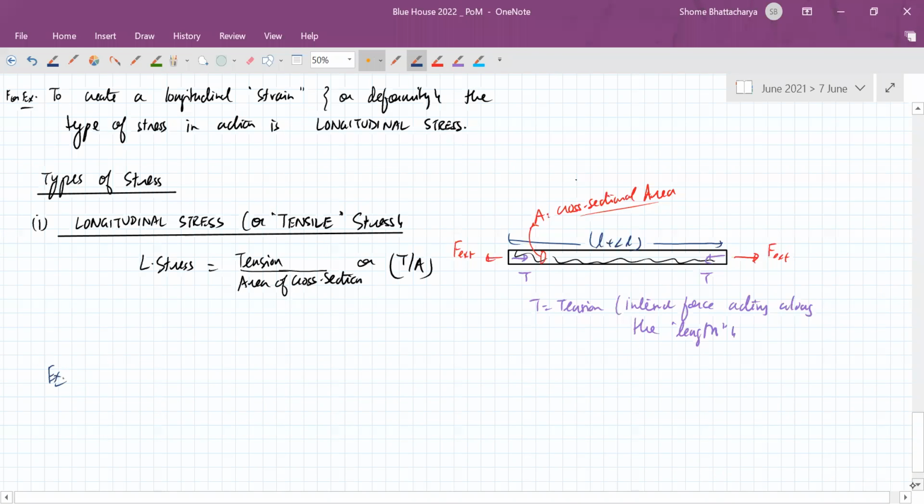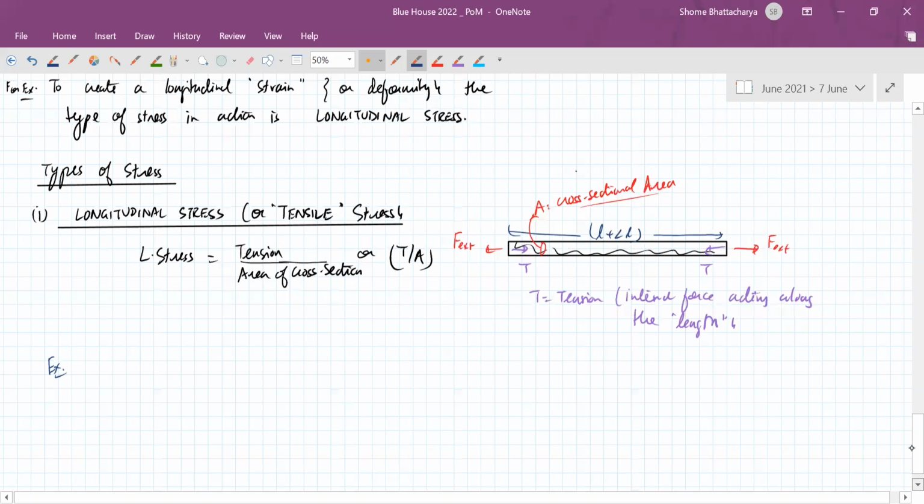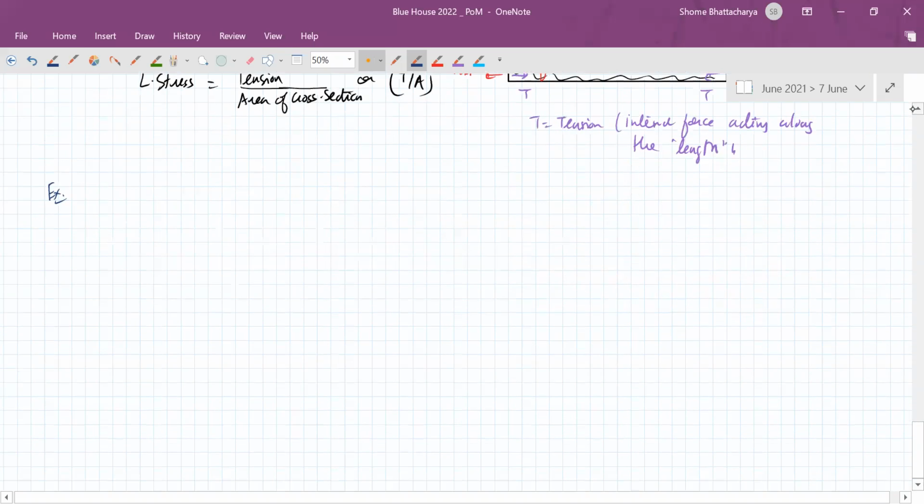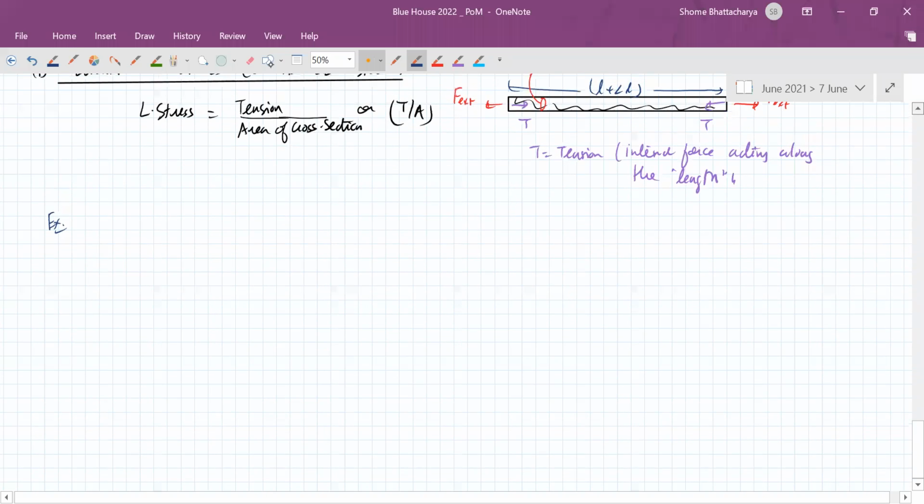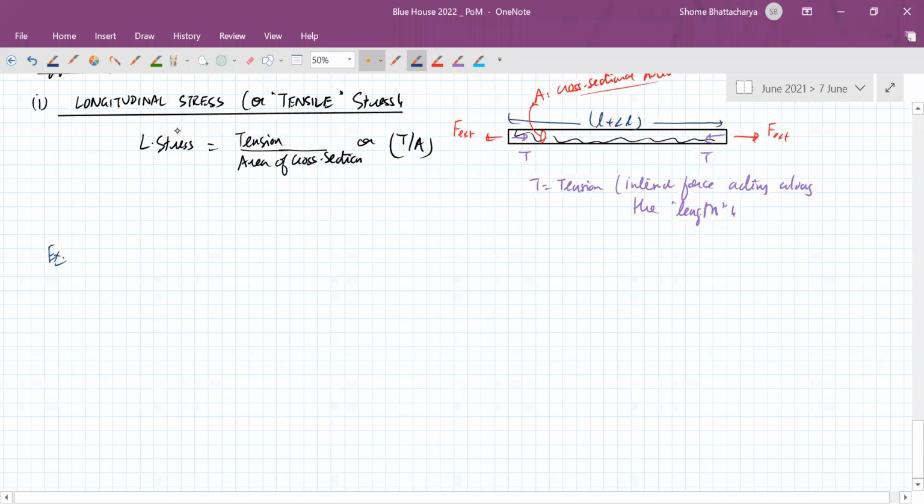So let's look at a numerical example. So suppose we have something like this. We have used a very thin metallic wire, which is quite light, but we used it to suspend a heavy block.